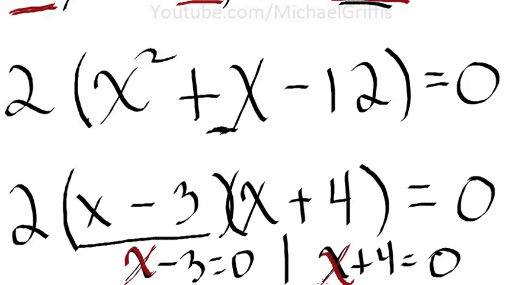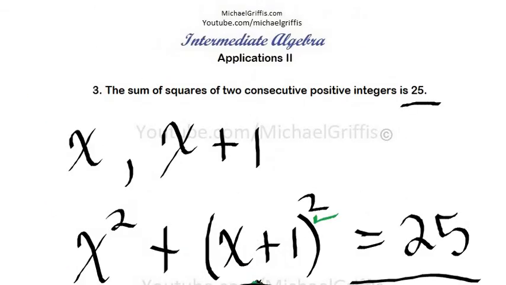So what do we got? 3 and negative 4. Let's go back up. See this right here? It says positive integers. So we can't use the negative 4, but what we can use is the positive 3.